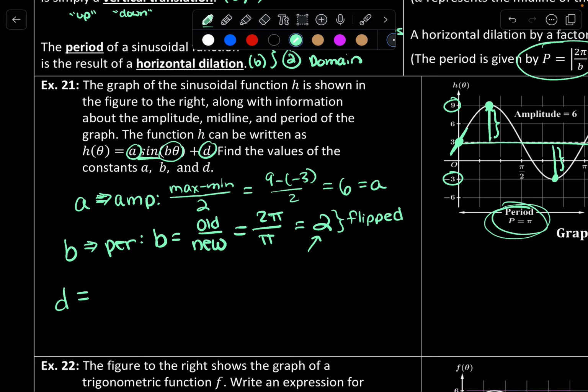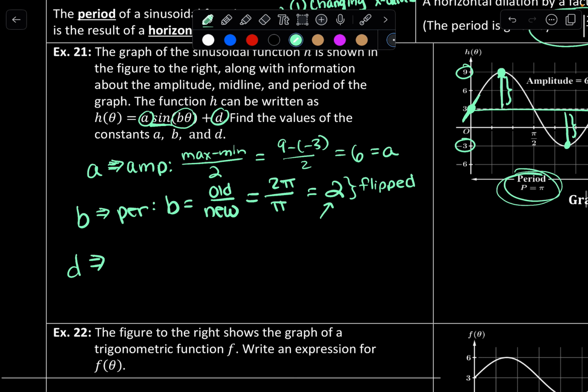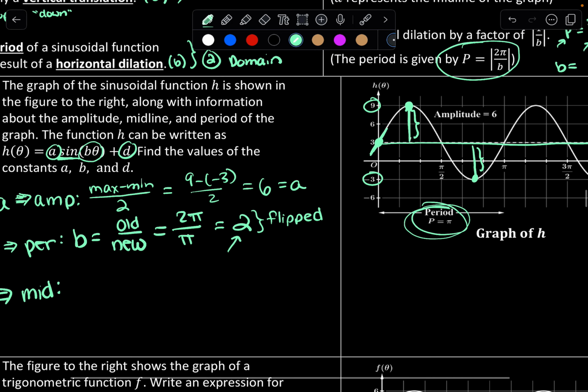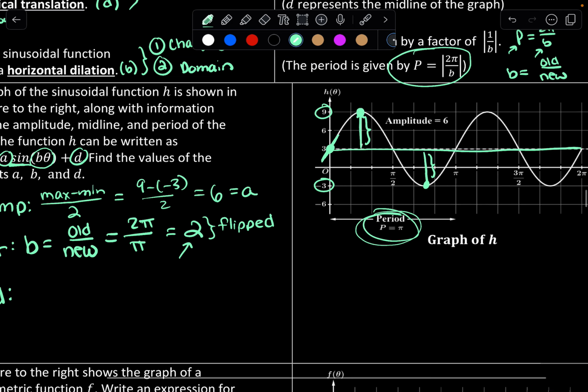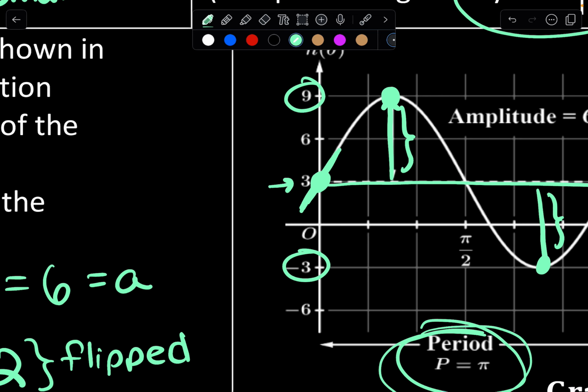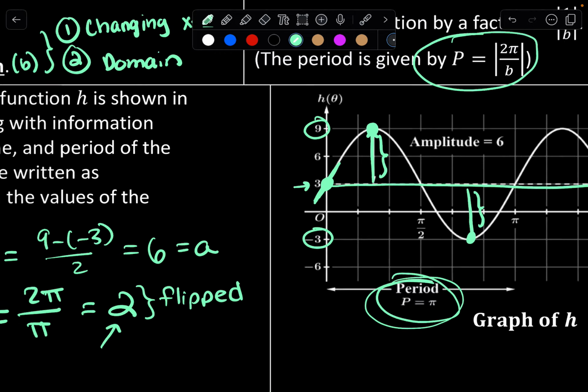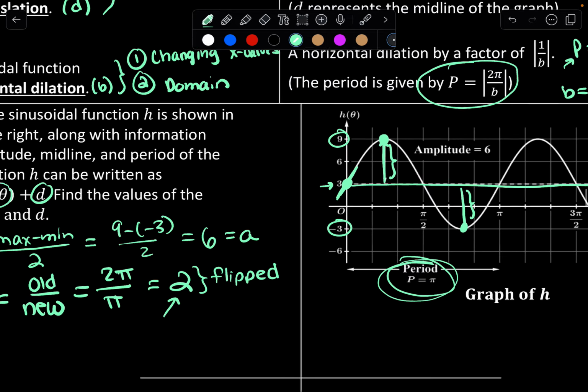And if that statement is completely false, then I'll fix the video or add a comment down below. So for D, we're looking for the midline. The midline, graphically, is going to be pretty easy to find. In this case, it's going to be 3. Most of the time, it'll actually be labeled as a dashed line. It looks like a horizontal asymptote.